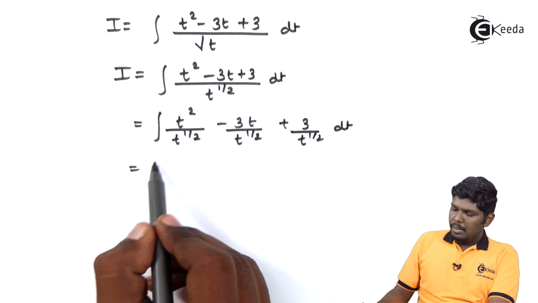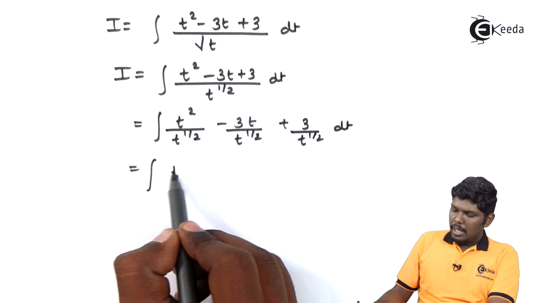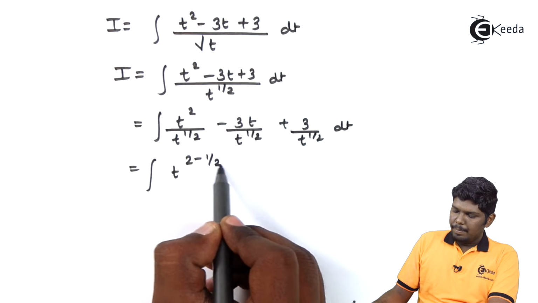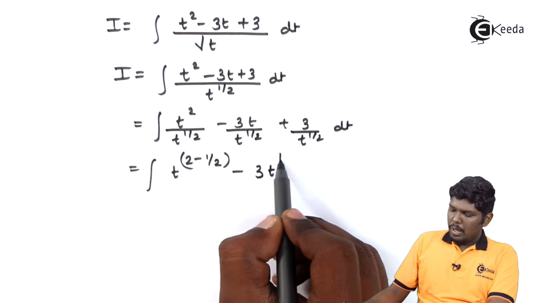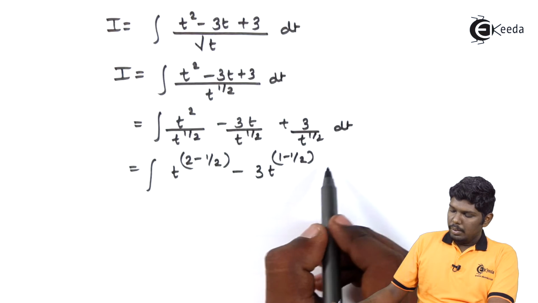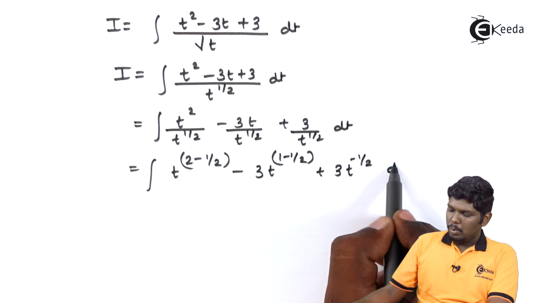In the next step, here we can use the property a raised to m upon a raised to n is a raised to m minus n. Here also we have 1 minus 1 by 2, plus here we have 3 into t raised to minus 1 by 2 dt.